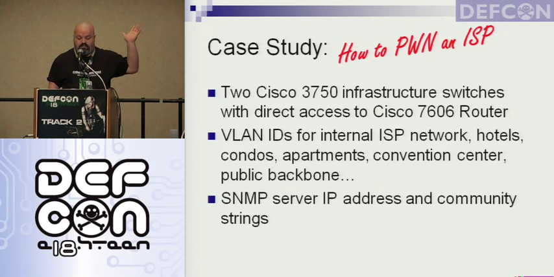Contained in the configurations were VLAN IDs for their internal ISP network, hotels, condominiums, apartments, convention center, public backbone, all this stuff. So I'll talk very briefly about disclosure because I don't do disclosure. I don't search for bugs and vulnerabilities and things like that. But when I came across this one, I thought, this is kind of important.